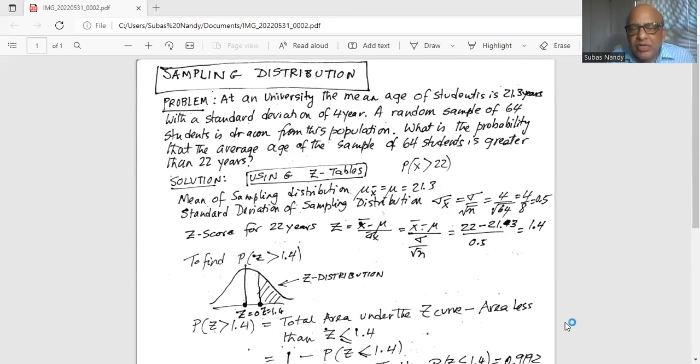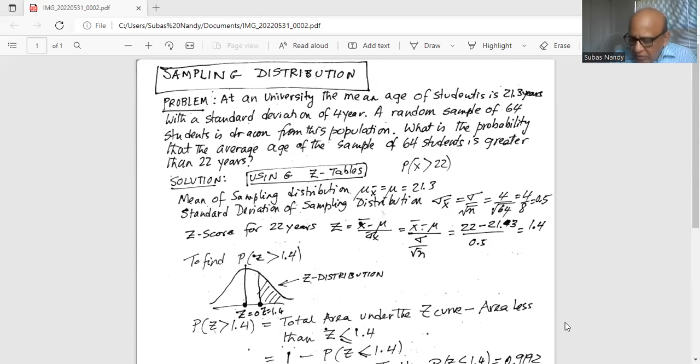My x bar is 22, the mean is 21.3, divided by the standard deviation of the sampling distribution, sigma x bar, which is sometimes called the standard error, which is 0.5 in this case. So in this calculation, z works out to 1.4.